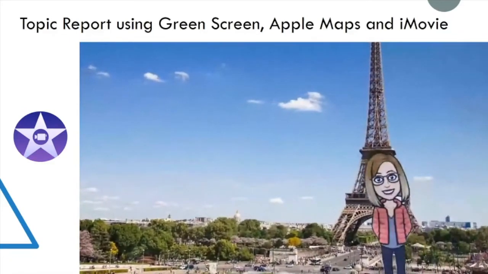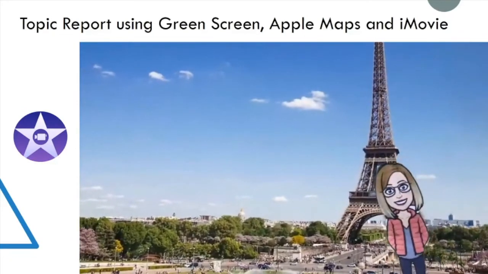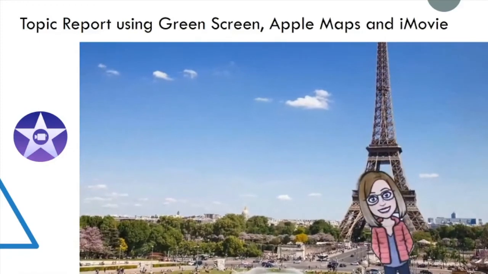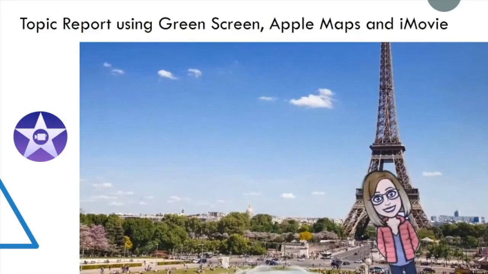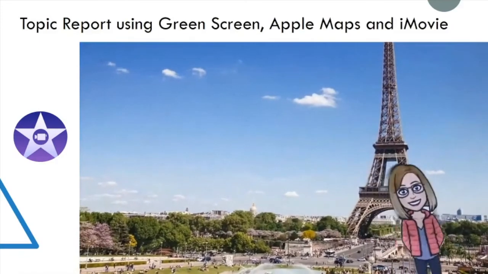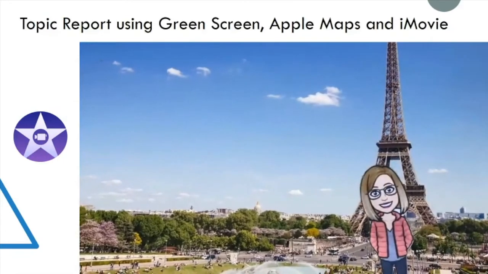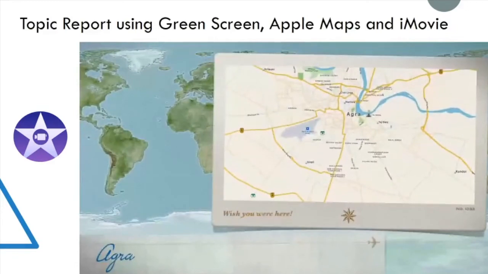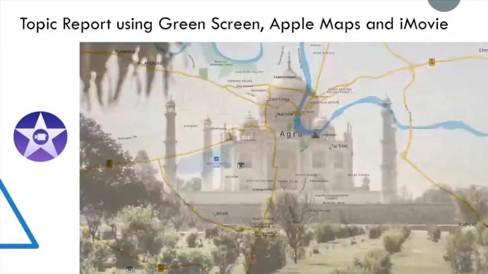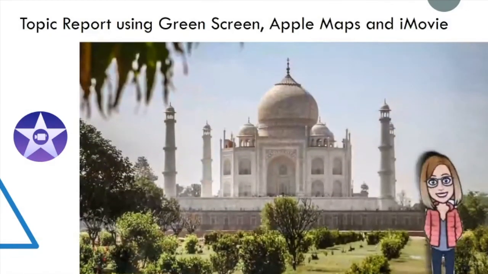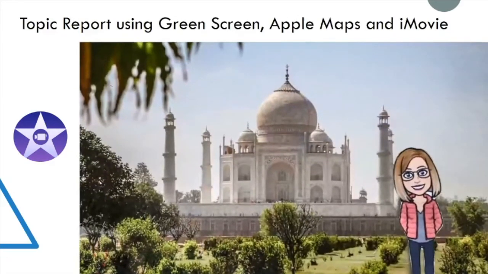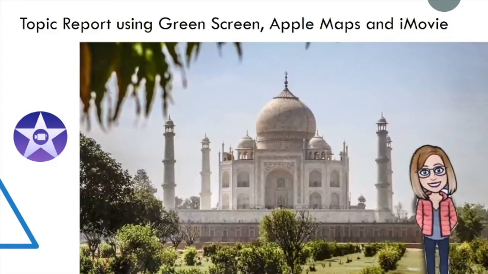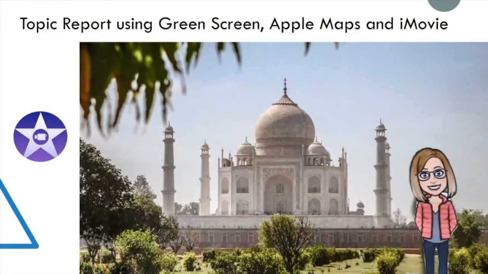The Eiffel Tower in Paris is a wrought iron lattice tower. The height is 324 meters and it was founded in 1887. Taj Mahal in Agra, India, is a white marble building that stands 73 meters tall.